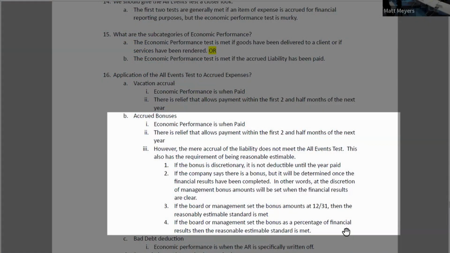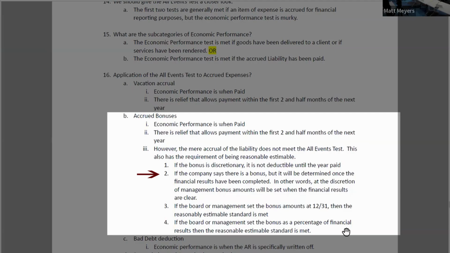Accrued bonuses. Economic performance is when paid. There's relief that allows payment within the first 2.5 months of the next year. However, the mere accrual of the liability does not meet the all events test. This also has a requirement of being reasonably estimable. If bonus is discretionary, it is not deductible until the year paid.